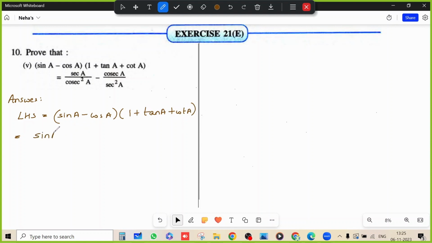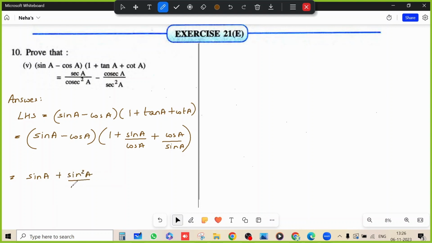So, this can be written as sin A minus cos A into 1 plus sin A by cos A and cos A by sin A. Now, we will multiply sin A with all the terms in the second bracket. So, this will become sin A plus sin square A by cos A, plus when we will multiply sin A with cos A divided by sin A, sin A will get cancelled, and we are left with cos A.